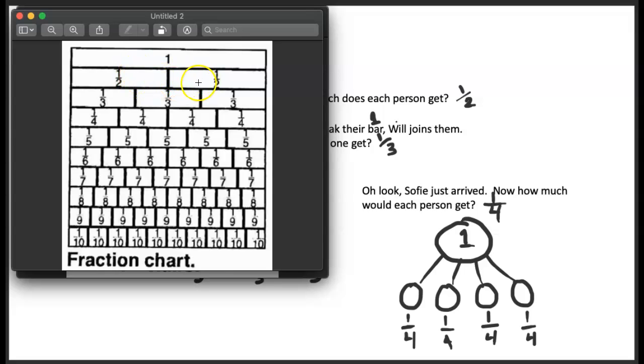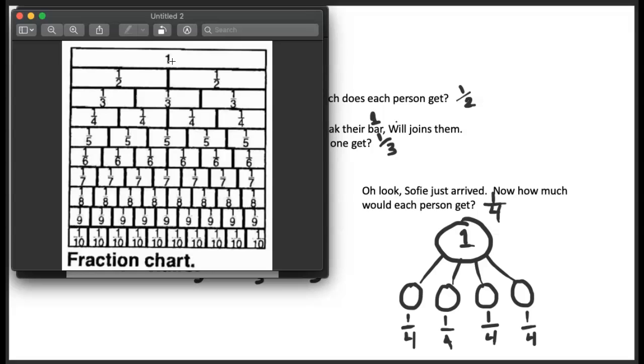Lou, Joe, right? So here's the granola bar, the one whole. We got 2 people, Lou and Joe, that each want a part of it, so we divide the one whole into 2 parts, and each person gets one of 2 equal parts that make up the whole. Okay, well then remember, before Lou and Joe were able to break their bar and share it with each other, Will joined in, right? And so now you've got 3 people. So here's the whole granola bar.